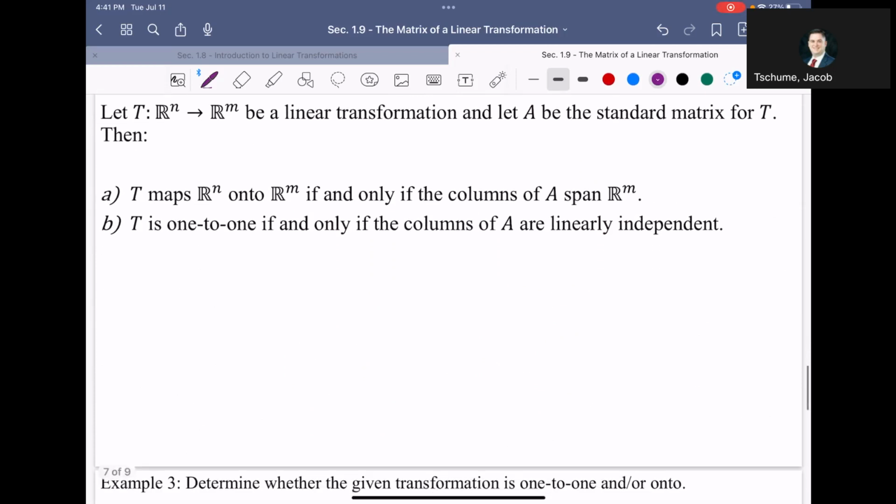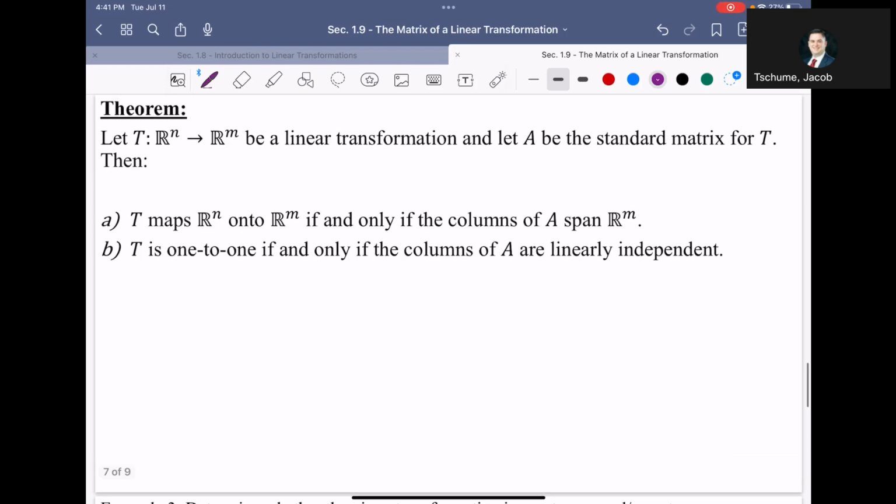If you have a transformation, and we're going to consider once again that it is a linear transformation, step number 1 is you need to find the standard matrix for T, because you need A to do these two parts of the theorem. Once you find the standard matrix, the following is what we're going to do.